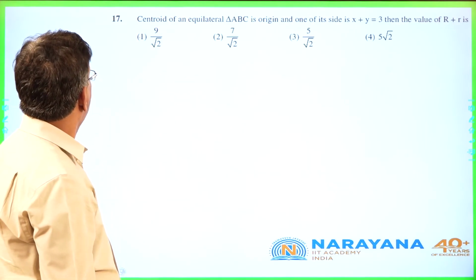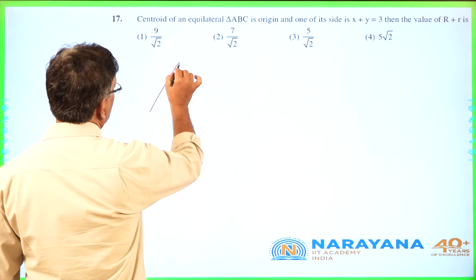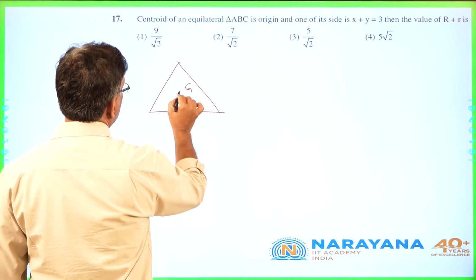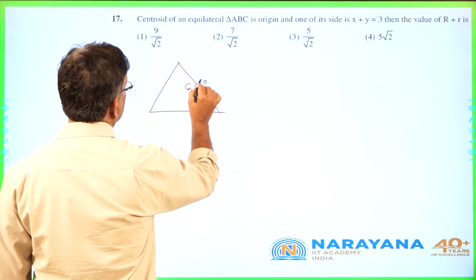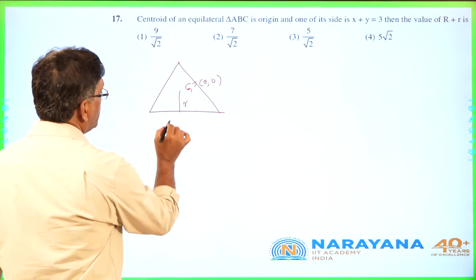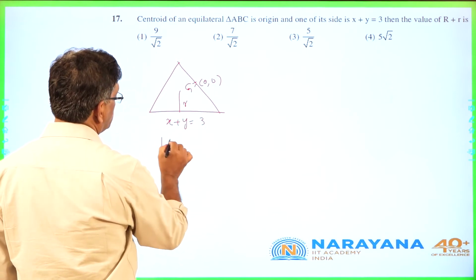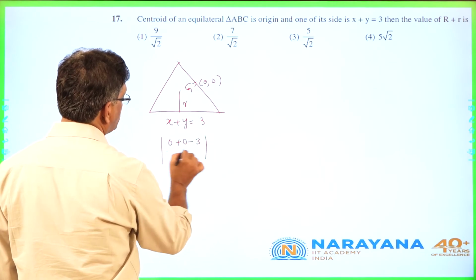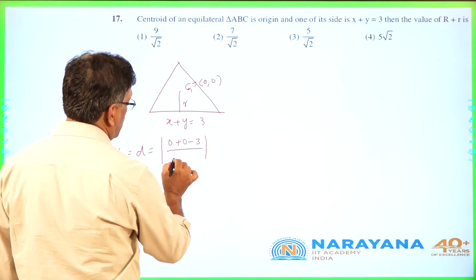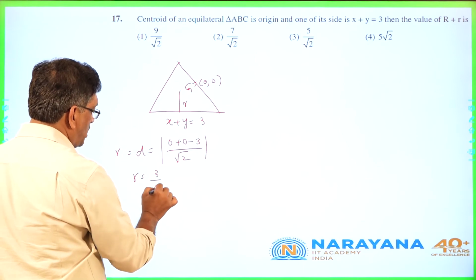Question number 17. Centroid of an equilateral triangle. G is origin, he has given, right? Then this becomes small r, that is, this is the line x plus y equal to 3, that is 0 plus 0 minus 3 by root 2, perpendicular distance, that itself is small r. Small r is 3 by root 2.